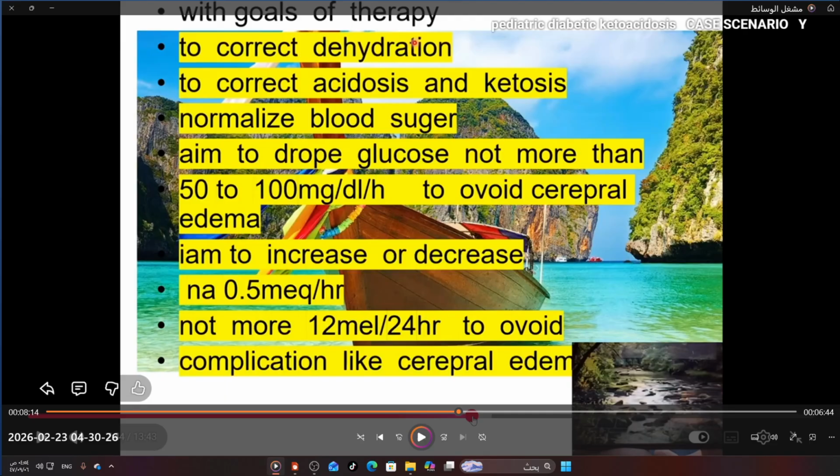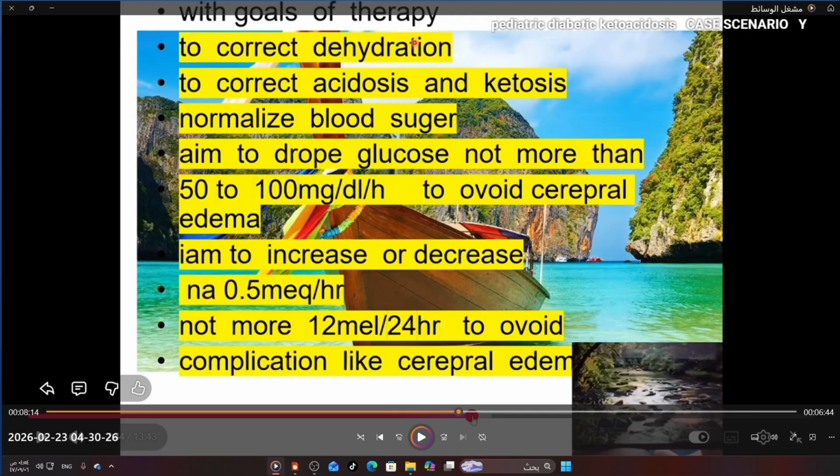Okay. So the goal of therapy is to correct dehydration, correct acidosis and ketosis, and normalize blood glucose. We cannot drop the glucose more than 50 to 100 milligram per deciliter per hour to avoid cerebral edema. Yes, exactly. So we have to slow down the drop, monitor carefully, and make sure we avoid any rapid shifts that could put the baby at risk. Then sodium.